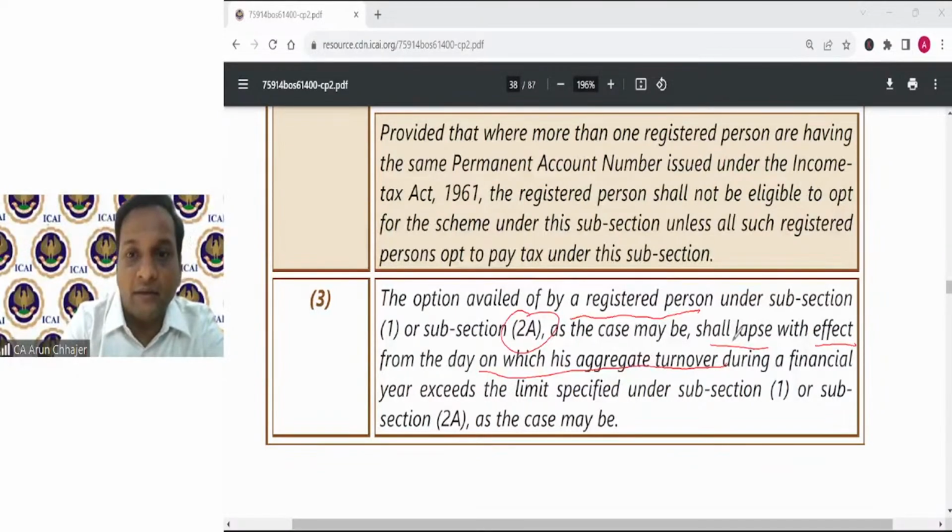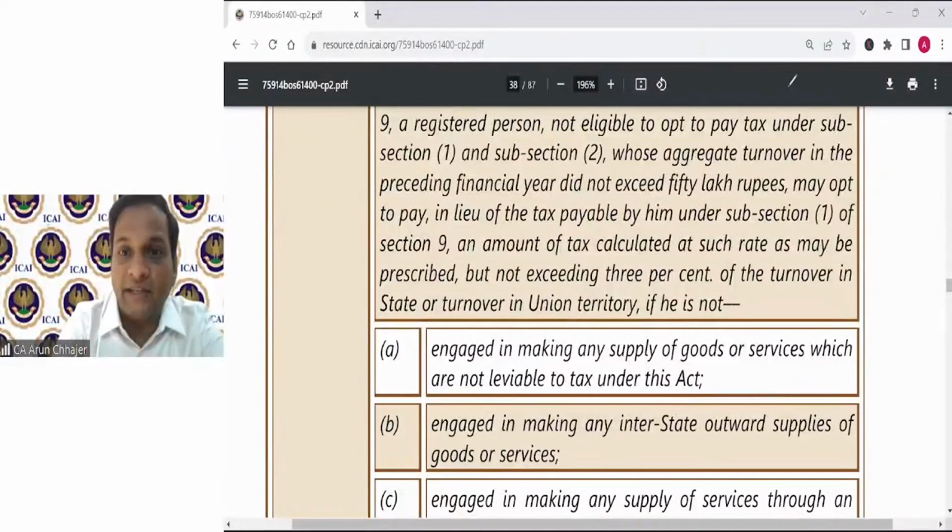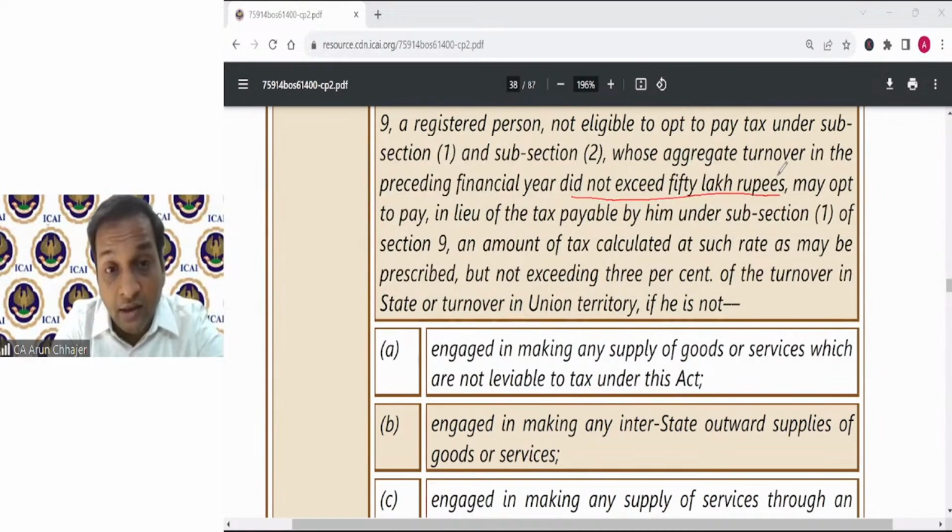What is the upper limit in 10.2A? It should not exceed 50 lakhs. So in 10 subsection 2A, the limit is still 50 lakhs only.